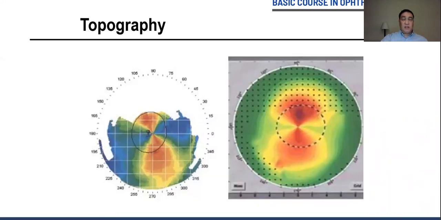Now, when you see this in your maps, when you have dots, like in the picture on the right, or empty spaces on the left, that means there's inadequate data. Dots will show you that data is interpolated by the machine. So never accept these kinds of readings.